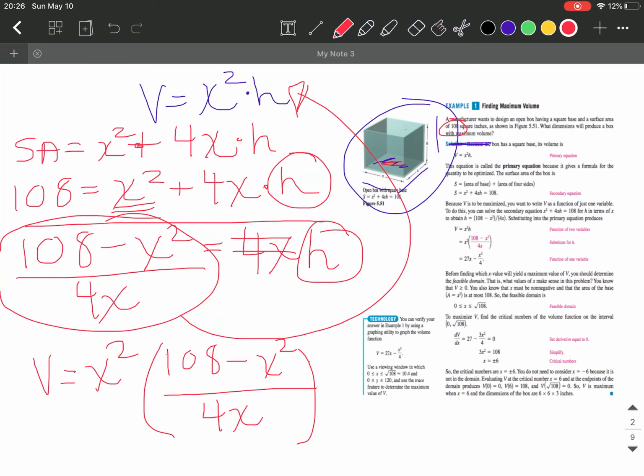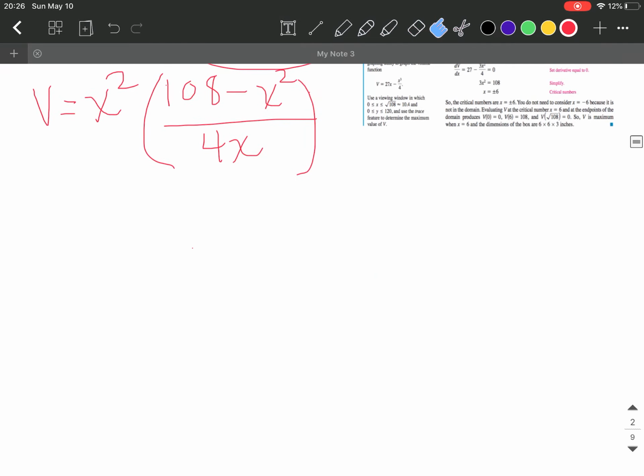Okay, then the next step here is, now I only have one variable, so I'm good to optimize now. This would be an easier problem if I started right there. However, let's go ahead and make this problem easier by simplifying the equation before I derive it. So let me distribute that x squared to the top. So it's 108x squared minus x to the 4.